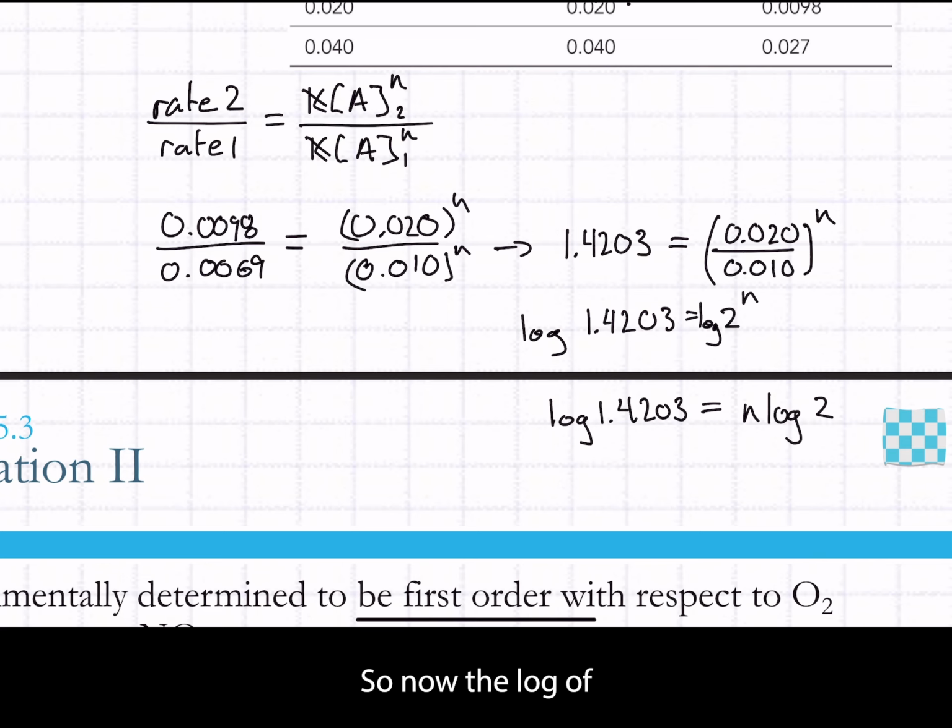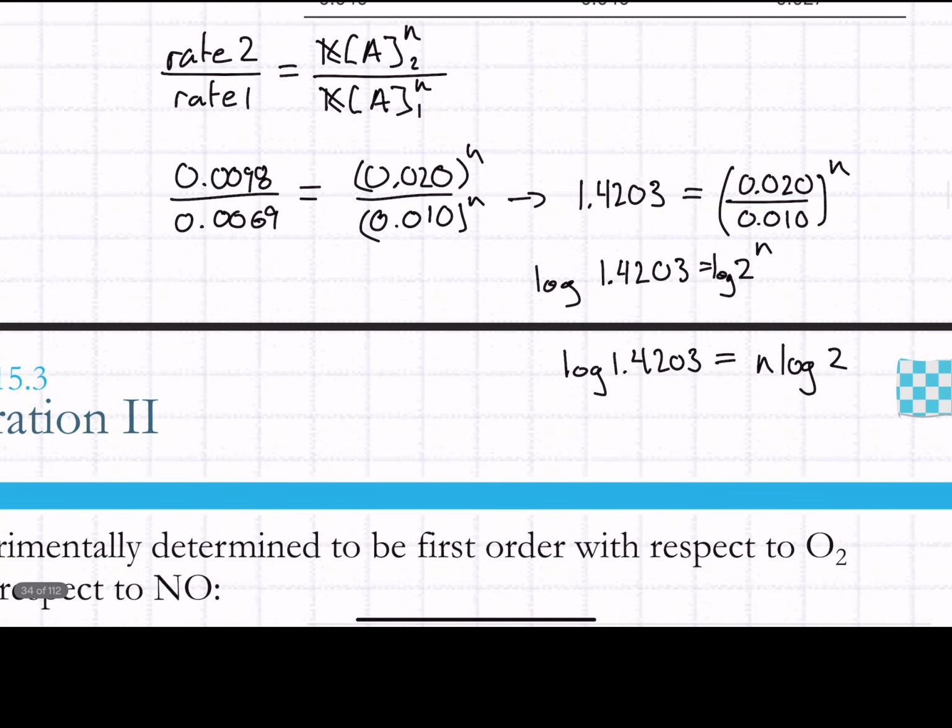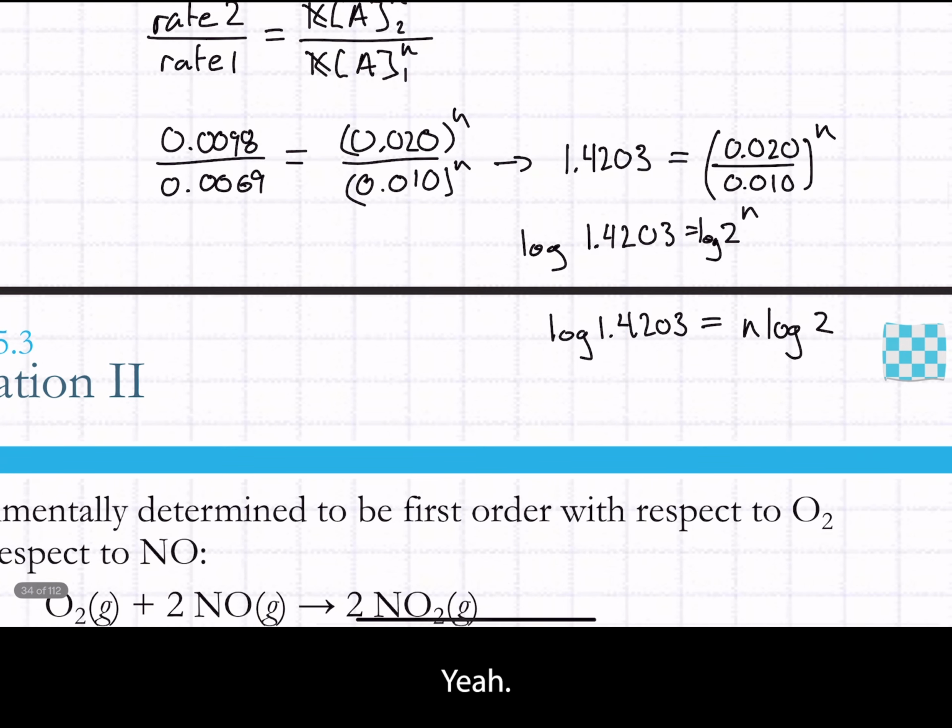So now the log of 1.42 divided by the log of 2 is 0.50618 or so.